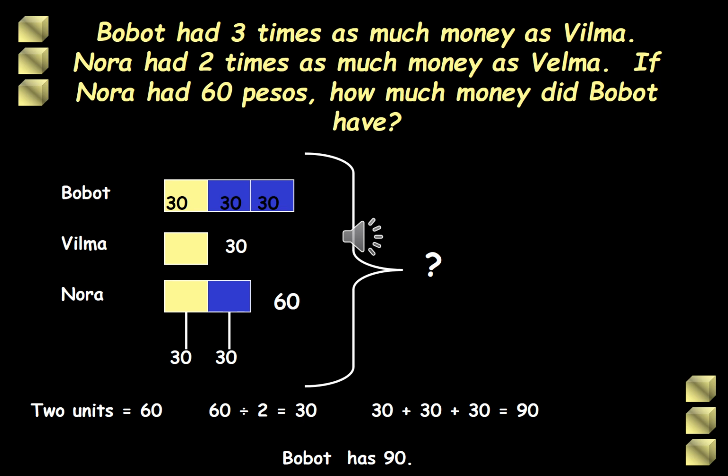Now, Bobot has 3 units. That we are able now to answer the question, which is how much money did Bobot have? So, adding 30 thrice or multiplying 3 to 30, we get 90. Hence, Bobot had 90 pesos.